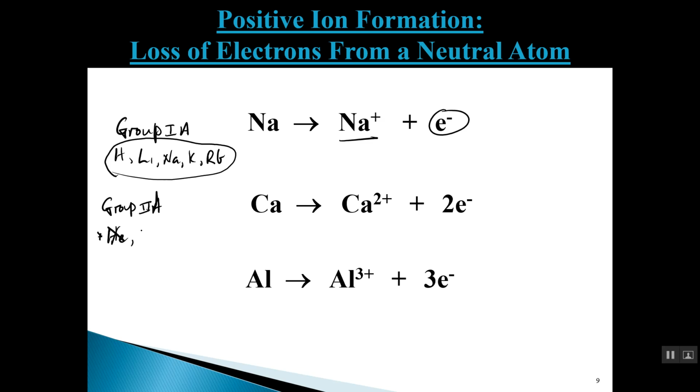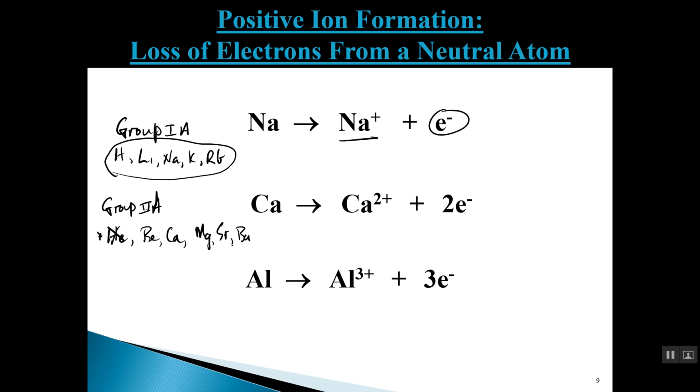But you have beryllium, you have calcium, and there's another element which I can't recall right now. Let me do a quick look up here. Oh, how could I forget? Magnesium. Strontium is another element in group 2A, and barium, right?